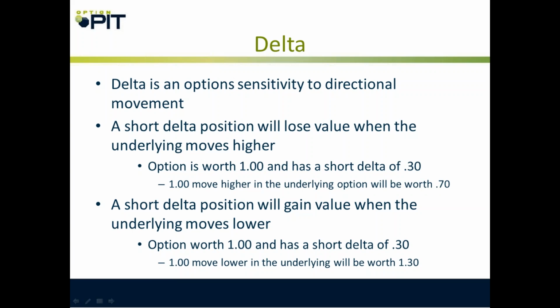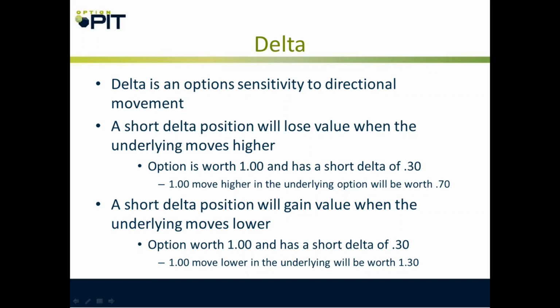Delta is an option's sensitivity to directional movement. We all know this, hopefully. A short delta position will lose value when the underlying moves higher. An option is worth $1 and has a short delta of 0.3. A dollar move higher in the underlying and the option will be worth 70 cents.